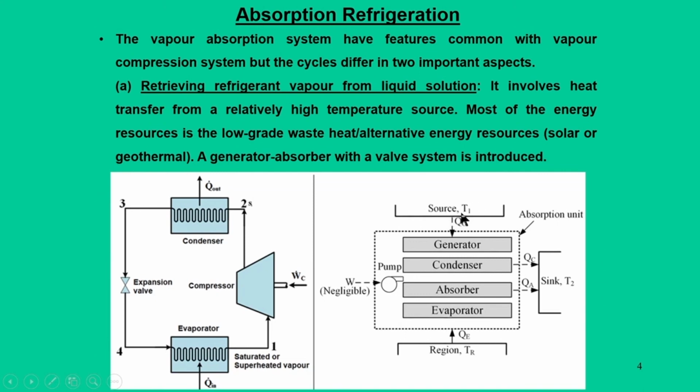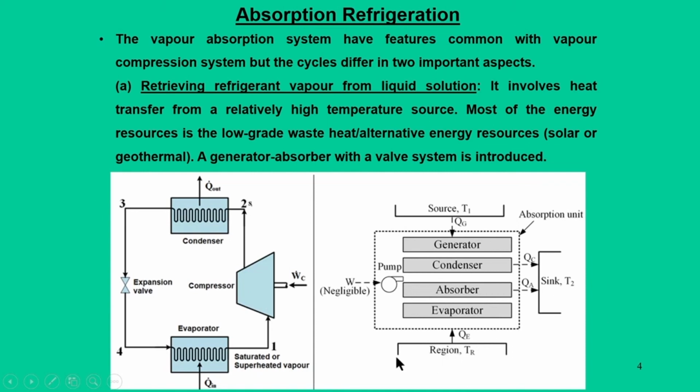Thermodynamically, we have a source maintained at T1, and the generator takes Qg amount of heat. For the space which needs to be cooled, heat is extracted and goes to the evaporator. The condenser and absorber operate at some intermediate temperature T2, at which heat is rejected.